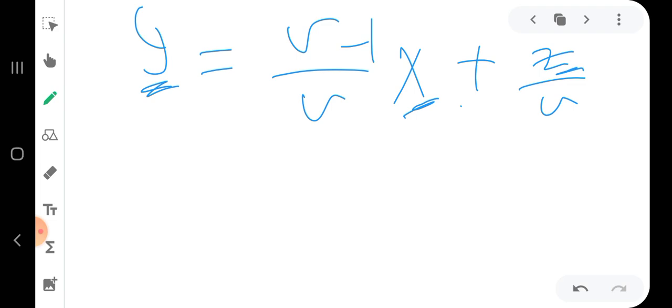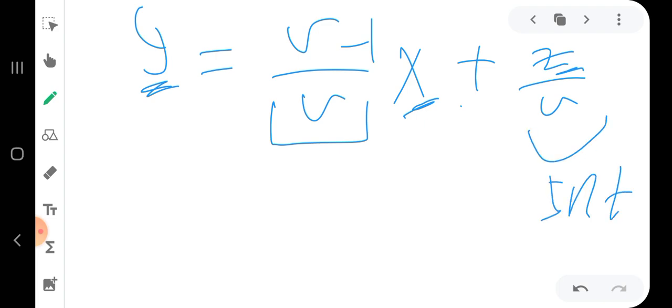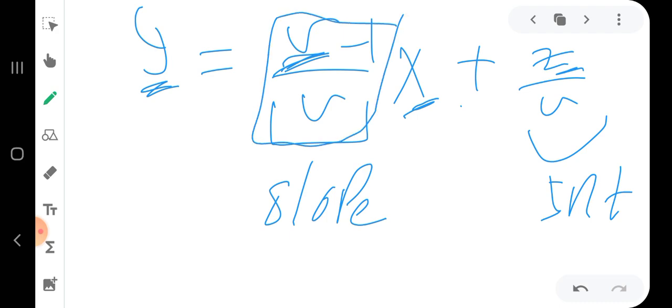You can see that this equation is in slope-intercept form. Usually the vapor fraction will be given, so you can find the slope, and usually z, the composition in the feed, will be given, so you can find the intercept.